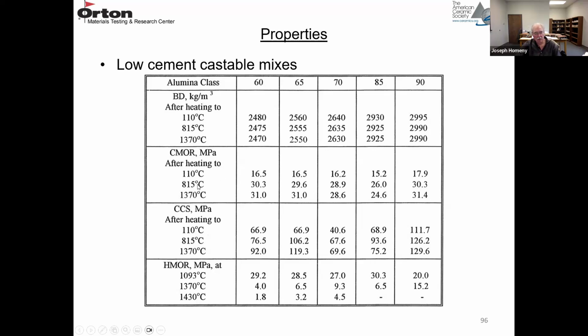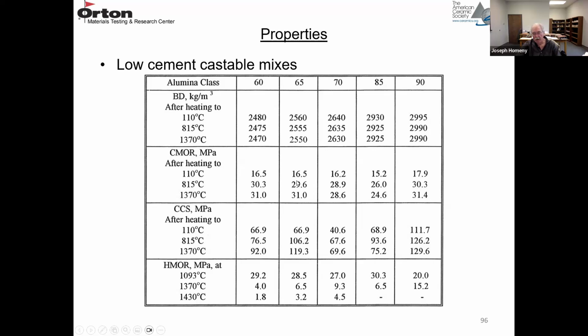If you look at the intermediate temperatures, you're not seeing a strength decrease, whether it's cold MOR or cold crushing. So with a low cement castable, you're not really dehydrating and destroying a cement phase.